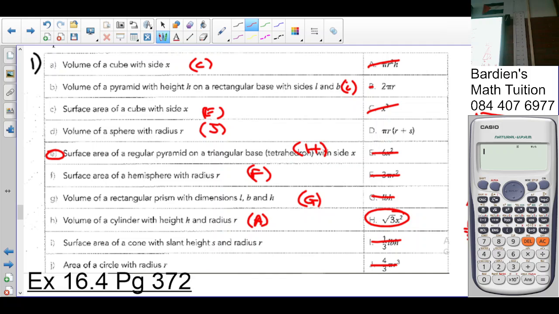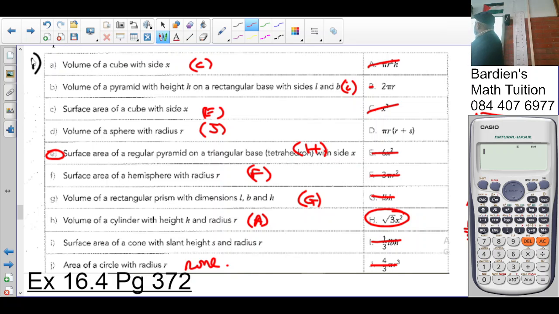The area of a circle with radius r. What's the area of a circle? Pi r squared. So what's the answer? There's no answer. None actually fit this description.